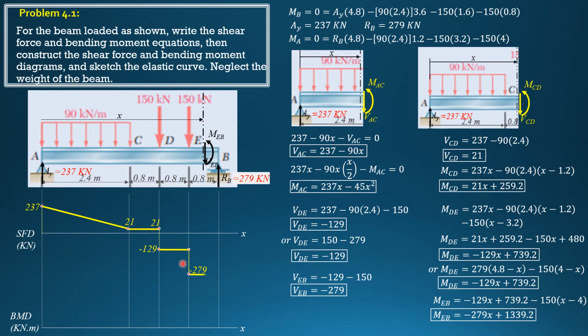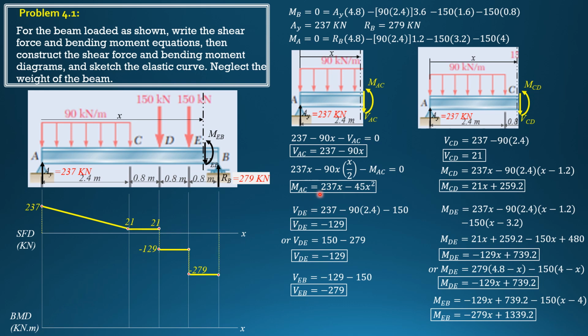The other way is you compute the value of this moment when x is half of 2.4, 1.2 for example, and show that when x is 1.2, it is above half of 309.6, so that you will have an idea, as long as it is curved, that it is above.